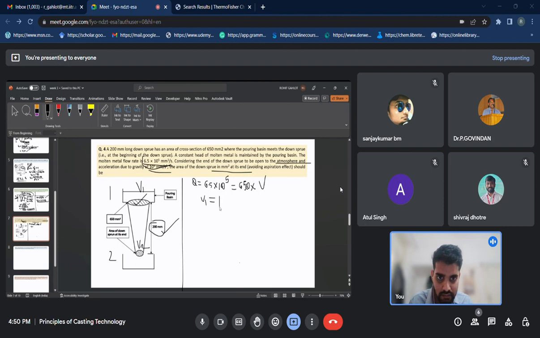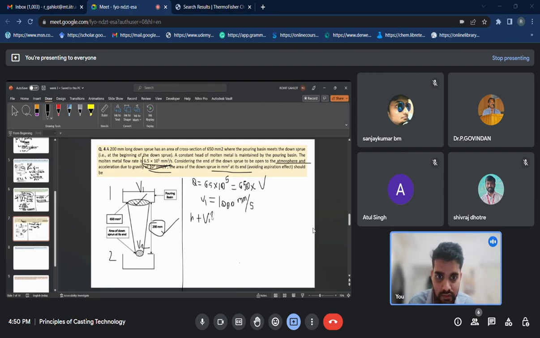The velocity at point 1, V1, I get directly as 1000 mm per second.